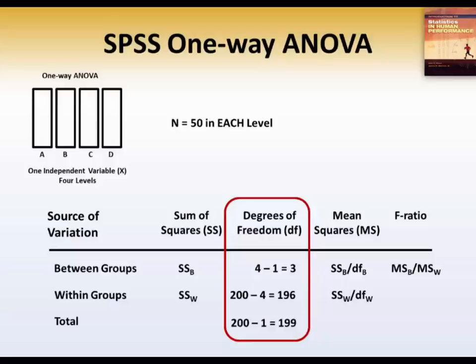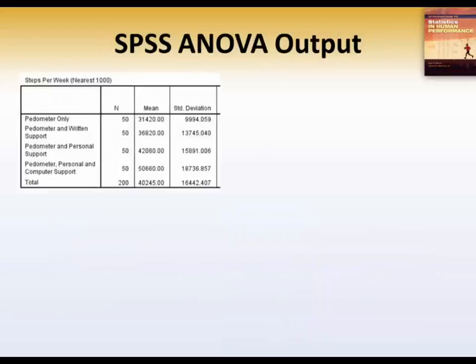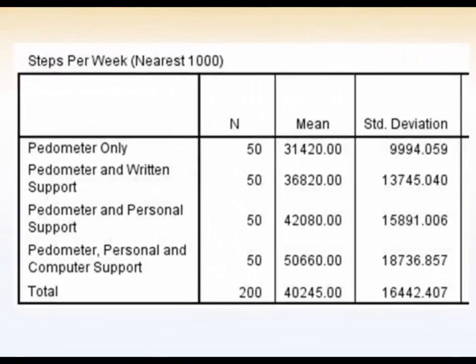So we would run this with SPSS one-way ANOVA. So here are our results. You'll notice we have 4 groups with 50 people in each group. And you can see the mean steps per week for the 4 groups, starting with 31,420 and increasing up to 50,660.